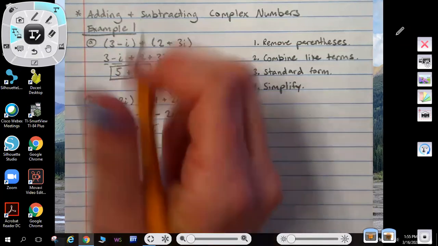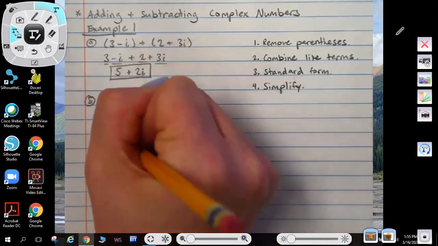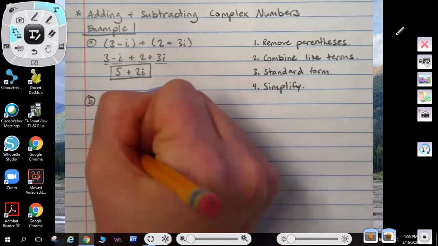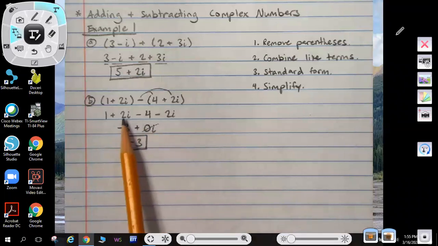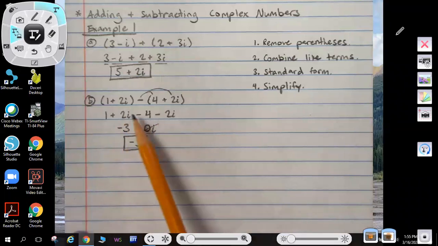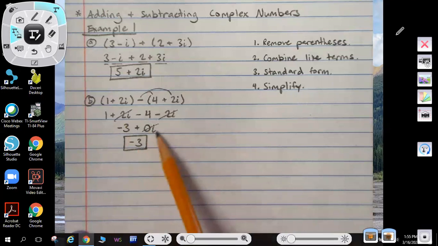So we can simplify this by leaving that off and just writing our answer as negative 3. And really you could combine those last two steps, especially in this one. If you see 2i minus 2i, you could just say, okay, those are going to cancel out and I'm just left with negative 3. You wouldn't even have to write this plus 0i part if you didn't want to.